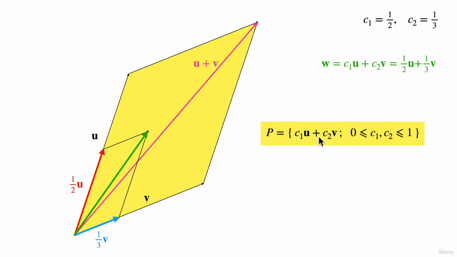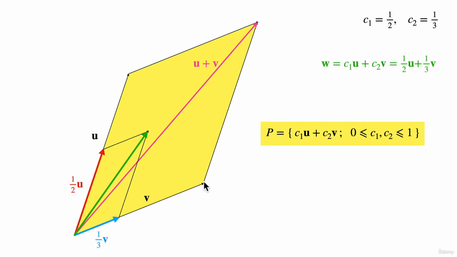This c1 u and c2 v will be shorter than u and v. So when we add them, we will just get somewhere inside this large parallelogram, because this point corresponds to c1 and c2 both at the same time equal to 1.